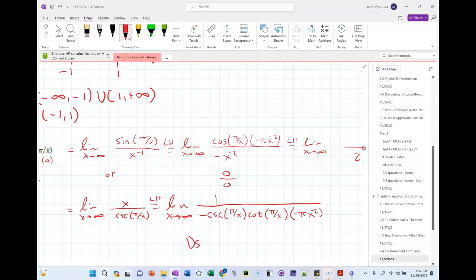Okay, if I do a direct substitution, I have 1 over, what's cosecant of 0? Infinity. What's cotangent of 0? Infinity.